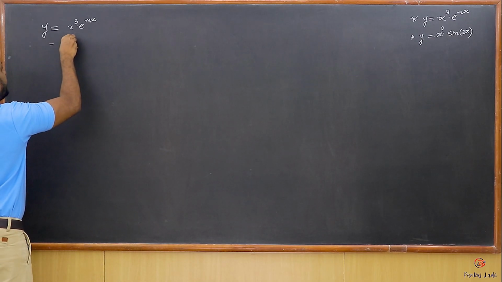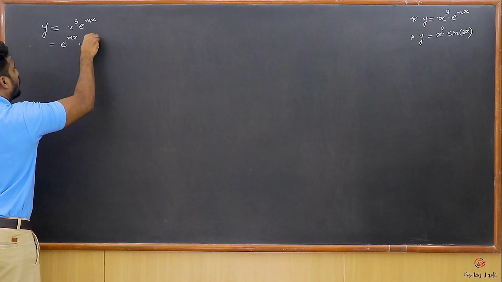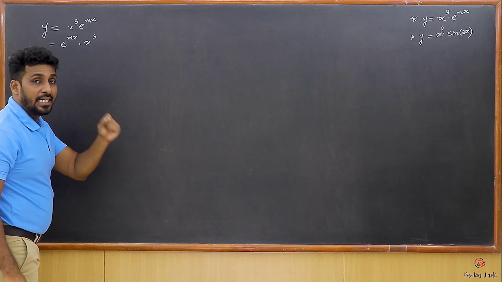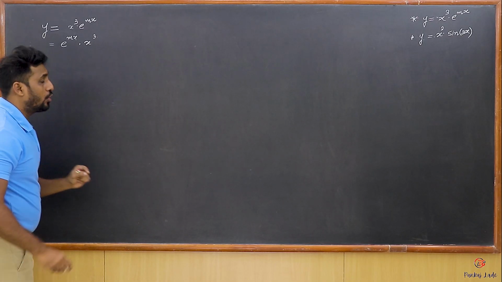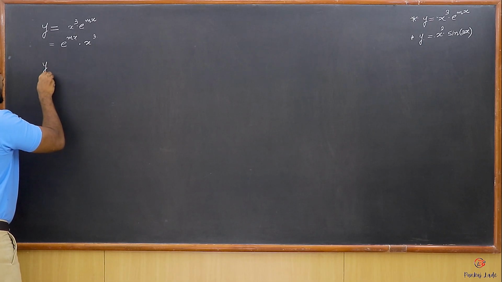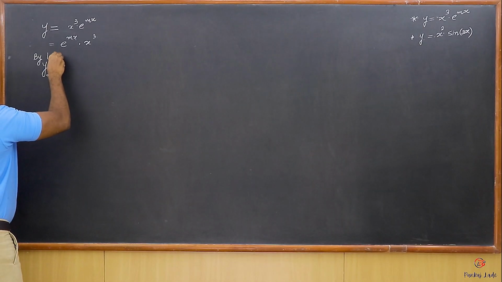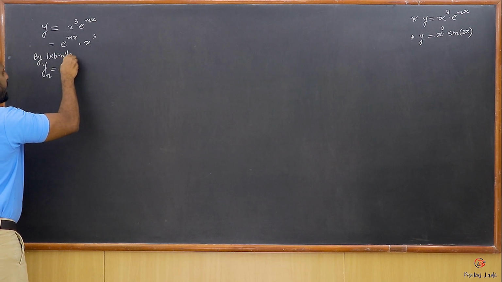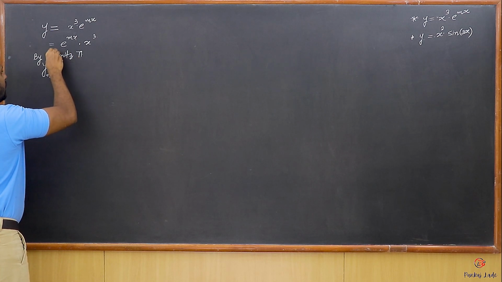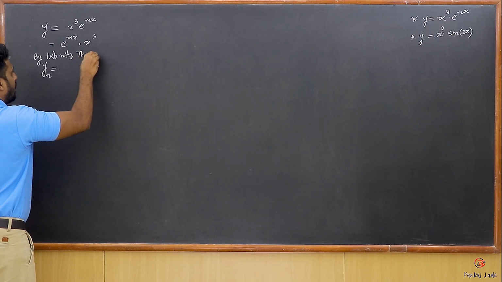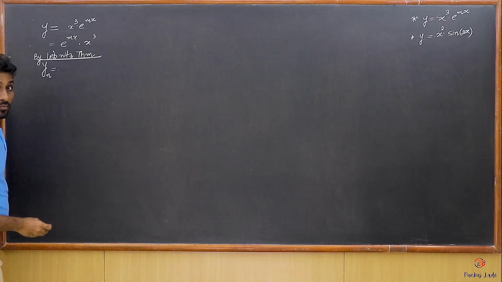So I write e raised to mx into x cube. Now you need to remember your Leibniz theorem very properly over here. So I know yn is given by, I will write here, by the Leibniz theorem, I can say yn becomes equal to what?